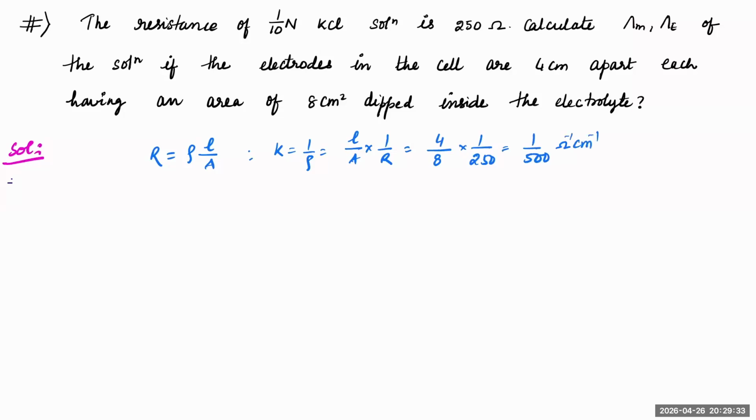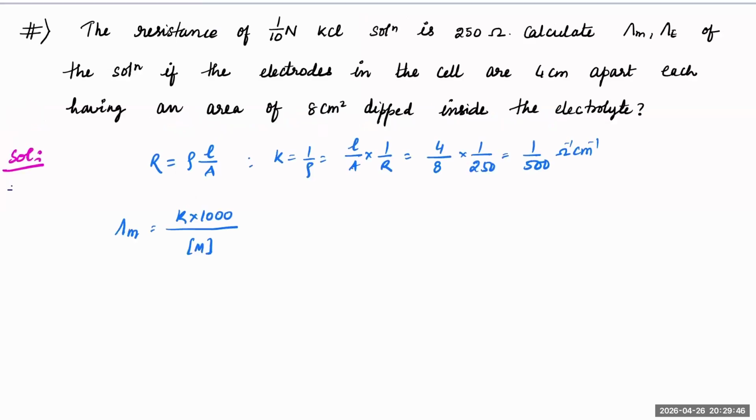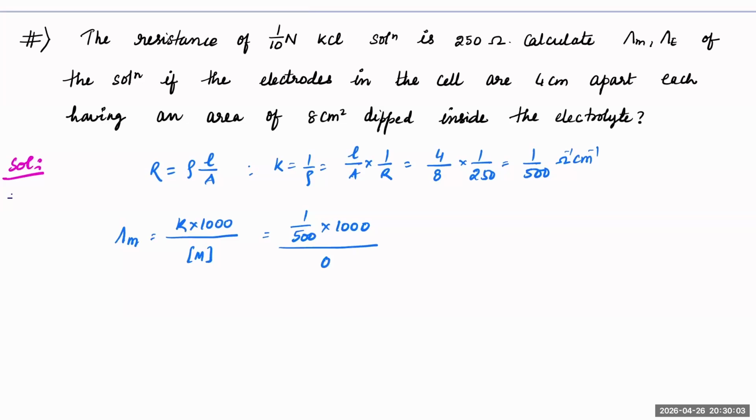Okay. And then we know that lambda m is equal to kappa into 1000 divided by concentration, in molarity. Because KCl is given in normality, molarity and normality of KCl is the same as the valency factor is 1. Therefore, I can write this as 1 by 500 into 1000 upon concentration. Concentration is 0.1 molar.